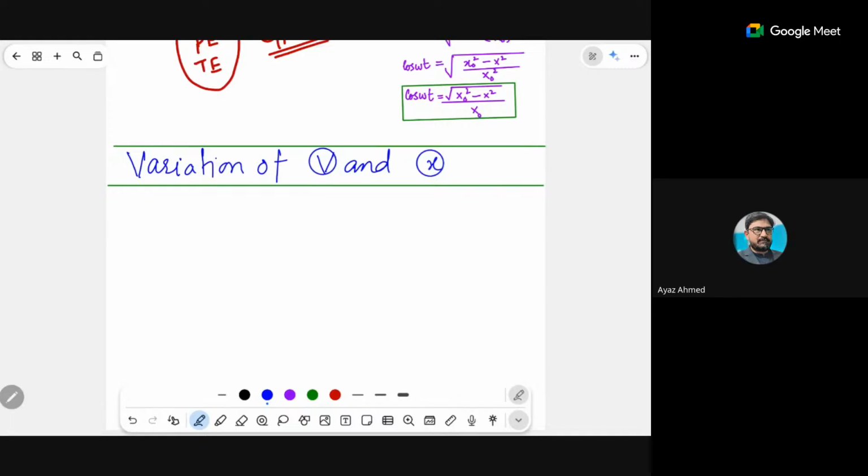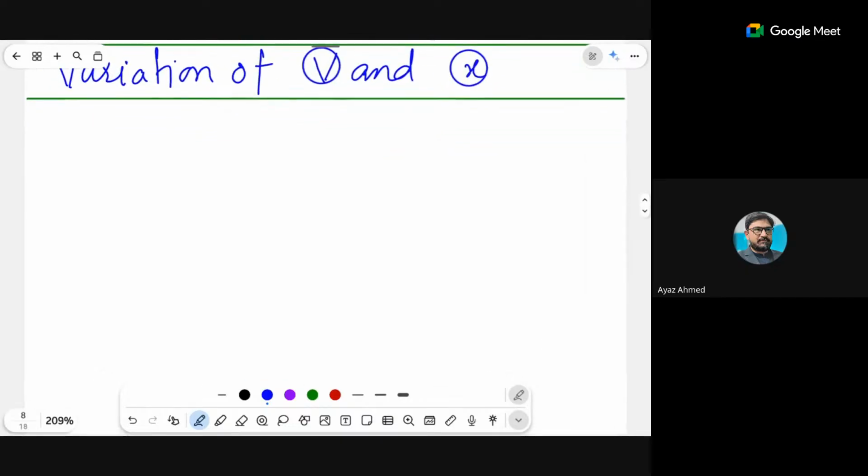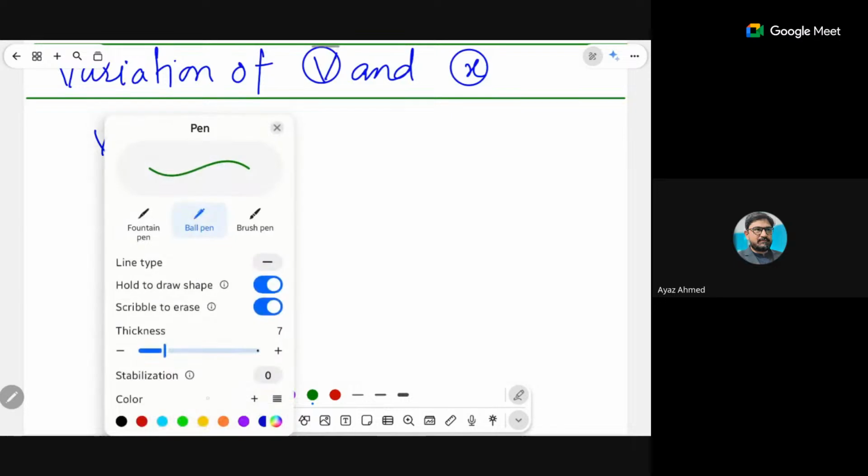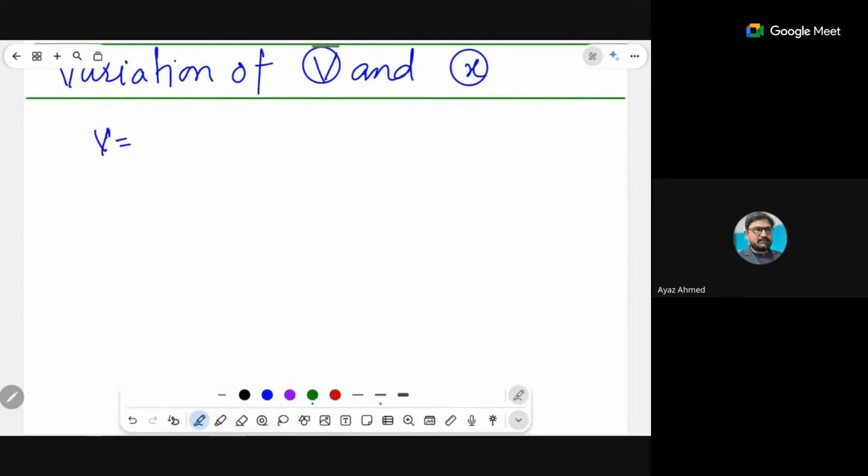How does the velocity of an object vary when it is having a simple harmonic motion? Okay, now I'm just plugging the equation back here. V equals omega times square root of x naught square minus x square.